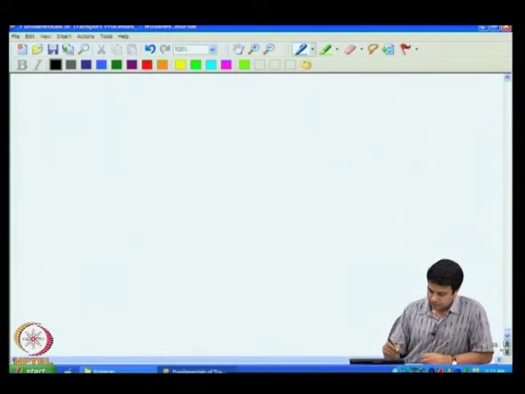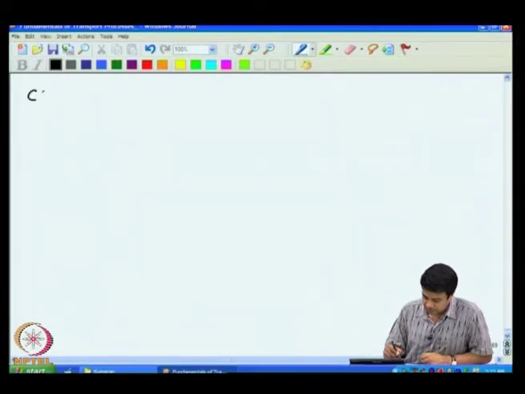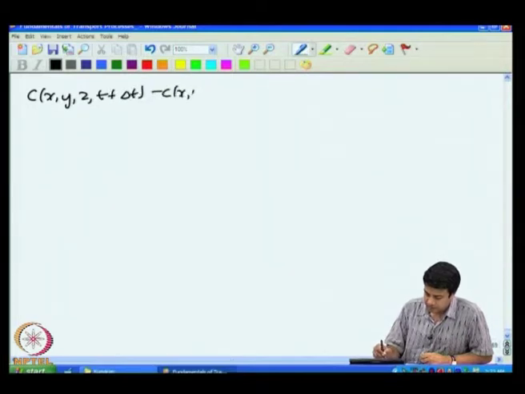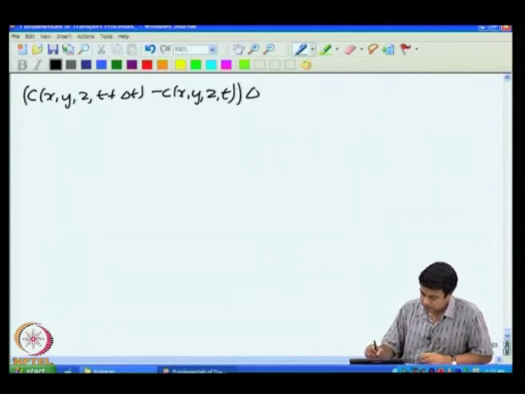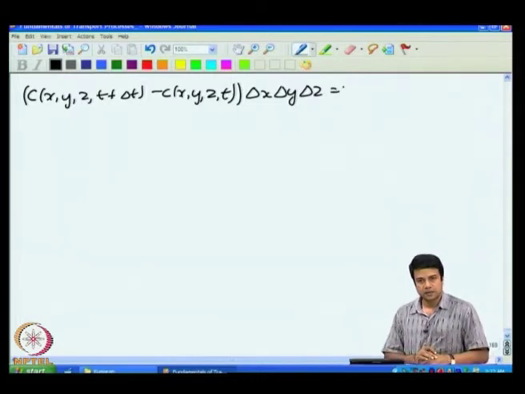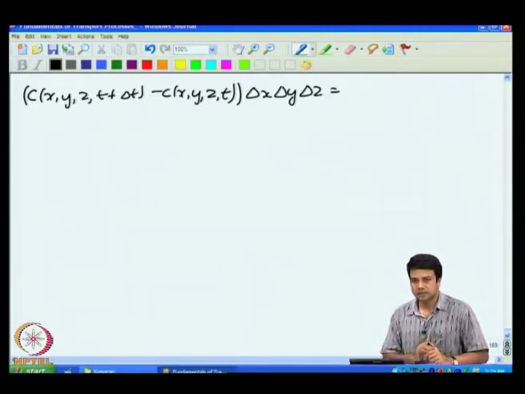So, in this differential equation, on the left hand side I am going to have C at x, y, z, t plus delta t minus C at x, y, z, t times delta x, delta y, delta z. On the right hand side, there is mass in on 3 faces, mass out on 3 faces due to 2 reasons. First is convection, the second is diffusion. Let us write down those 2 individually.